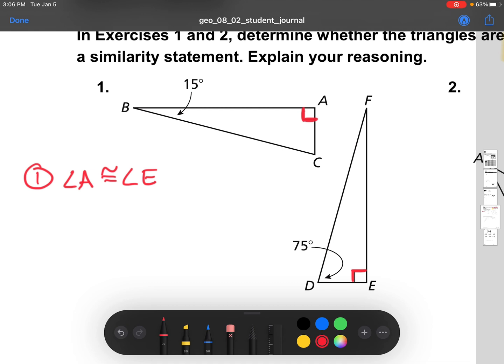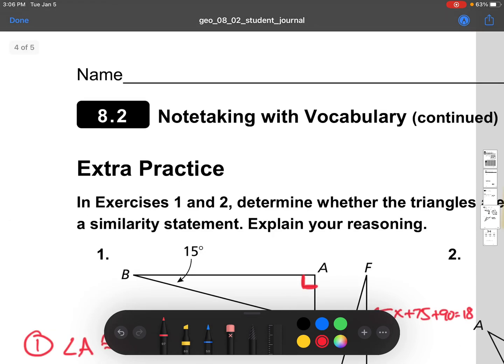So let's see if we can find the measure of angle F right here. We know that the three angles of a triangle add up to 180. So let's just call this x for now. So x plus 75 plus 90 is going to equal 180.